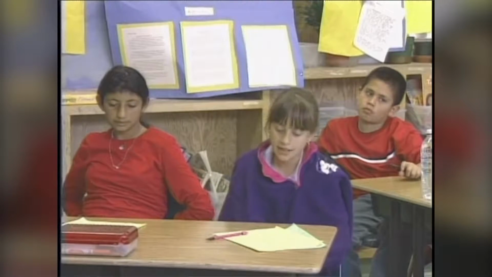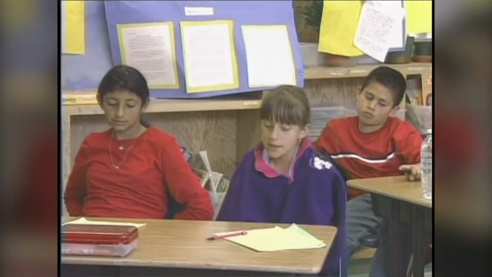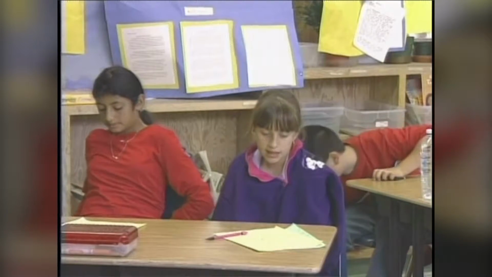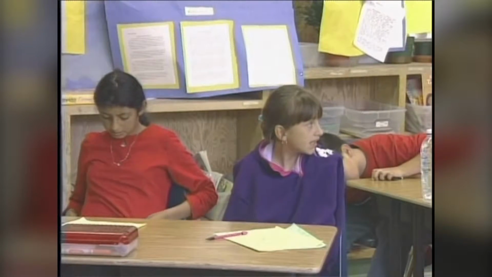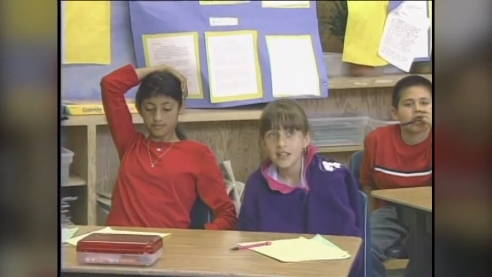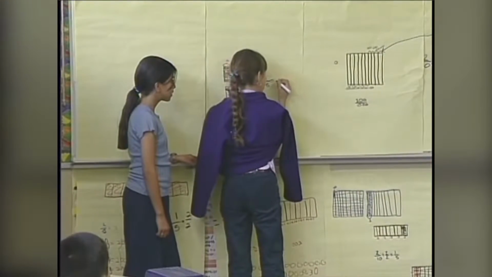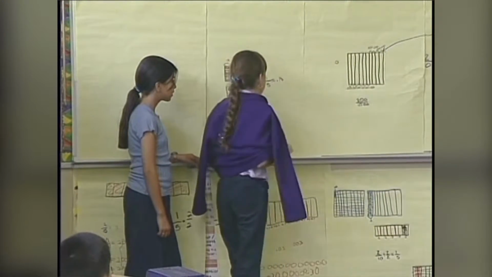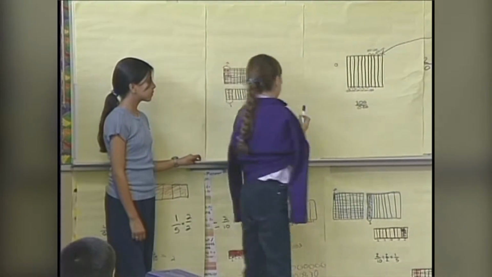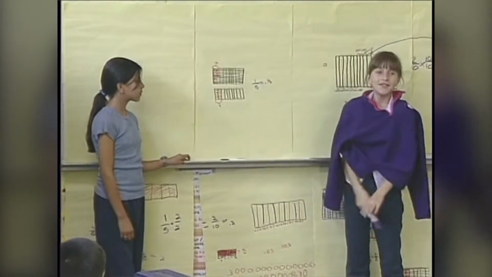Because I was telling my partner that maybe Maria thought that the line could be the point. What do you mean that Maria thought the line could be the point? Could you show us that? Like Maria thought that 1/5 equals 15 hundredths.